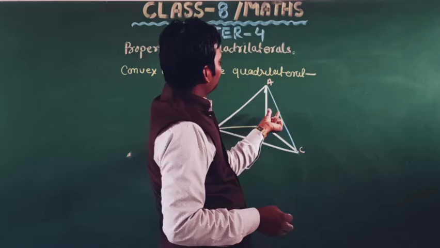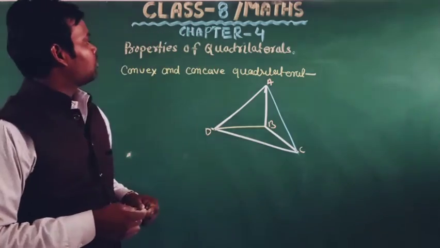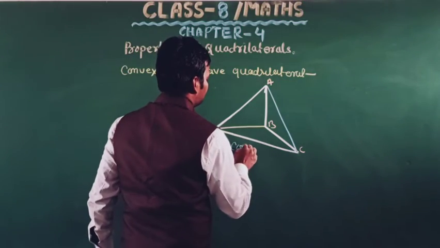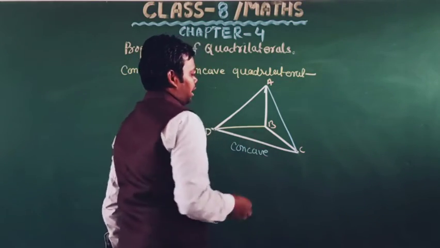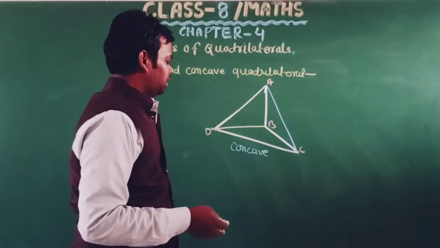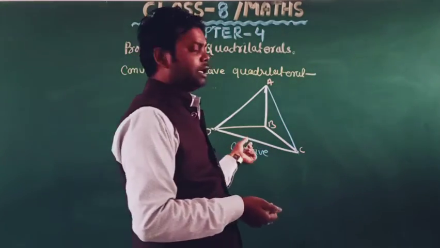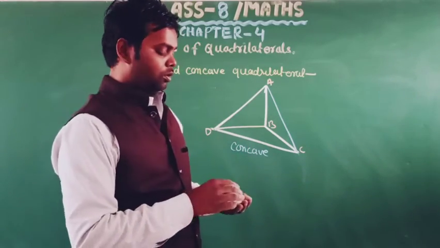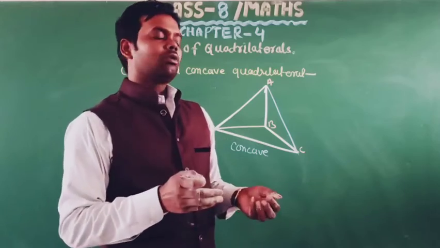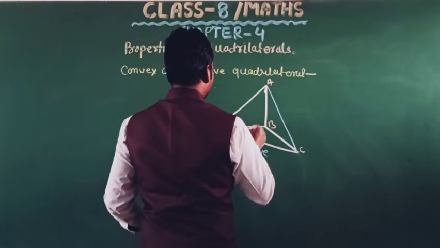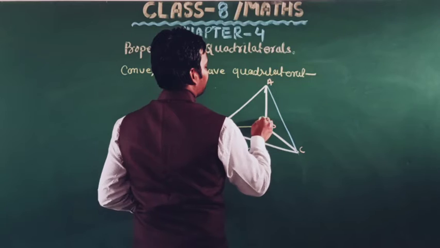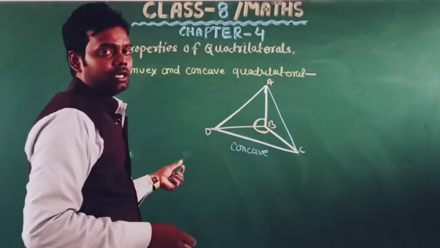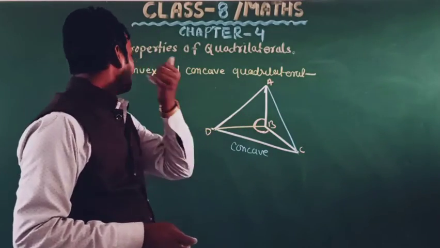Such a quadrilateral is called a concave quadrilateral. In other words, if one angle of a quadrilateral is more than 180 degrees, we also call it concave. Here at vertex B the angle is more than 180 degrees, so this is a concave quadrilateral.